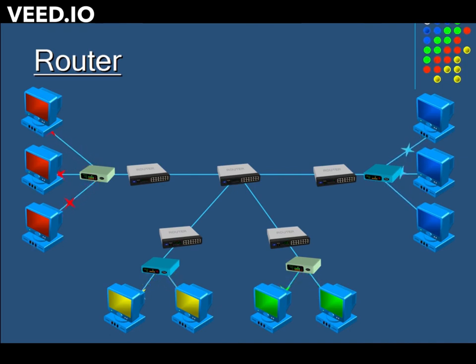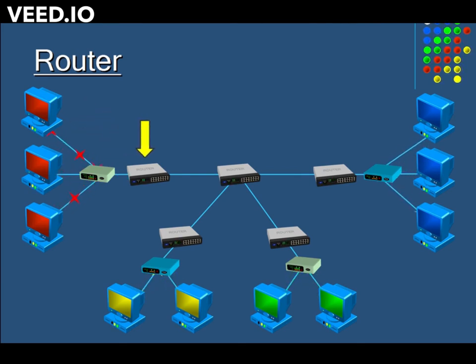Now let's go ahead and exchange data between different networks. Let's say, for example, that this computer here on the red network wants to communicate with a computer here on the blue network. For this to happen, the data packet has to leave their own network and go out on the internet. So the computer sends its data, and it goes to the network's router.